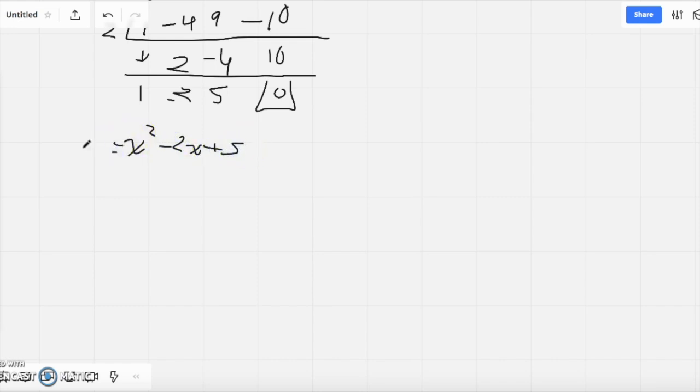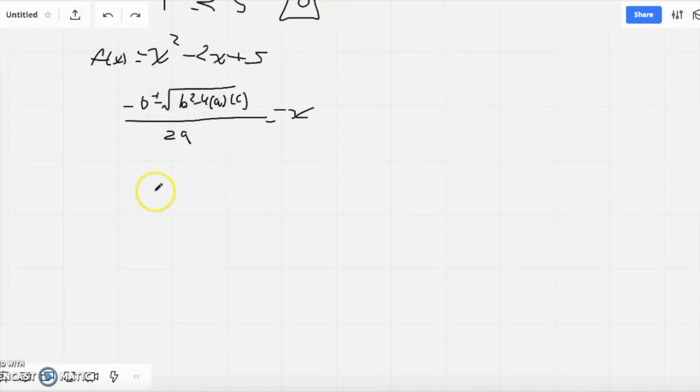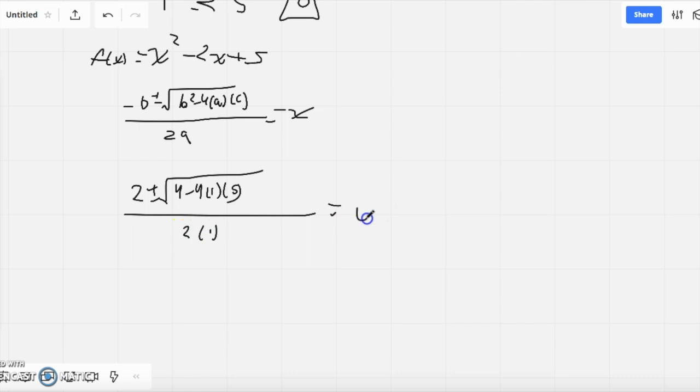And from here we could just get the last 2 roots. As we see, this does not factor nicely, so we have to use the quadratic formula. Negative b is going to be 2, then plus or minus the square root of b squared, which is 4, then minus 4 times a, which is 1, times c, which is 5, all over 2a, which is 2 times 1, is equal to x.